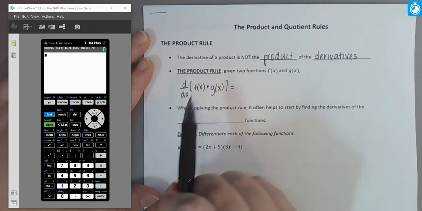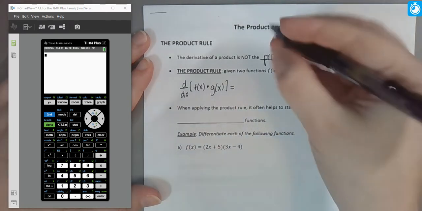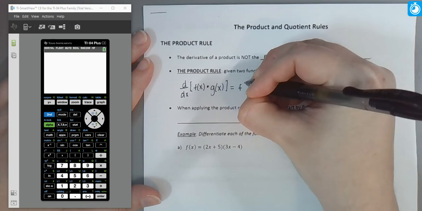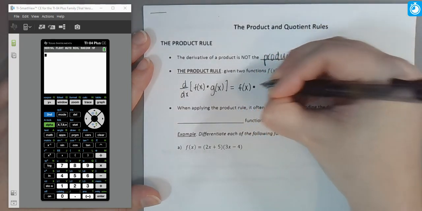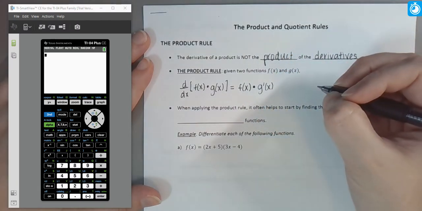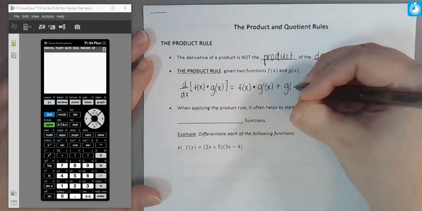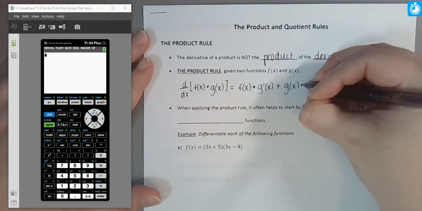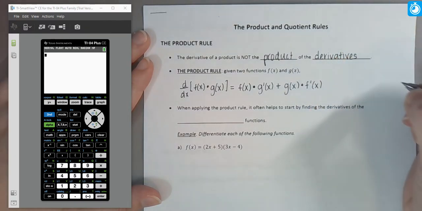If we're differentiating the product of two functions, then the derivative is going to be the first function not differentiated times the derivative of the second function, so g prime of x, plus the second function not differentiated times the derivative of the first function.